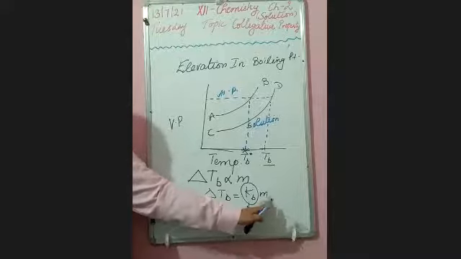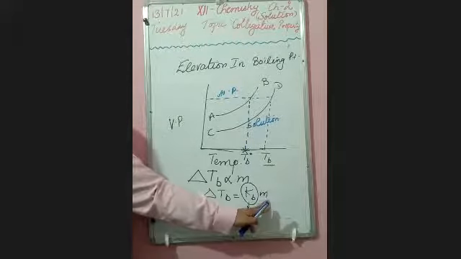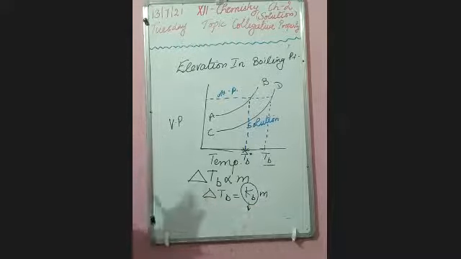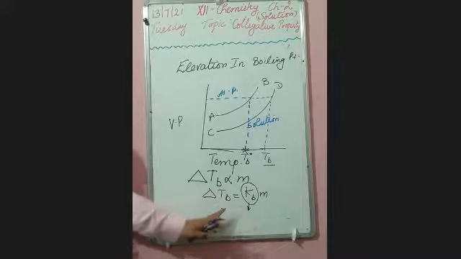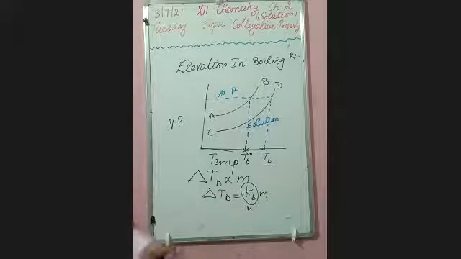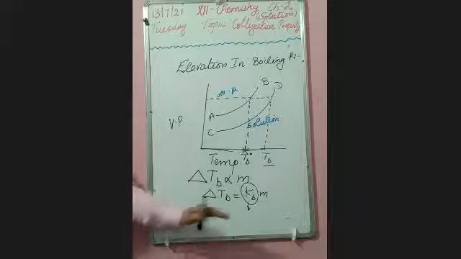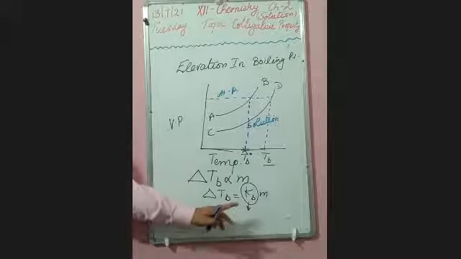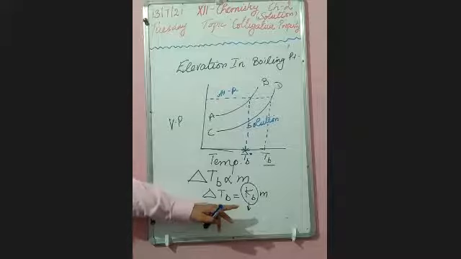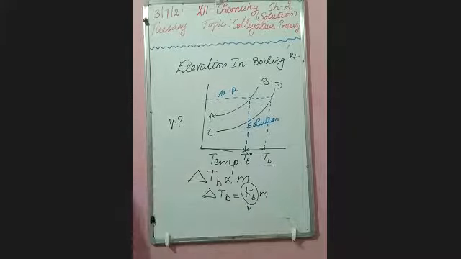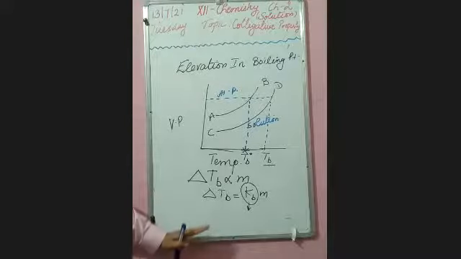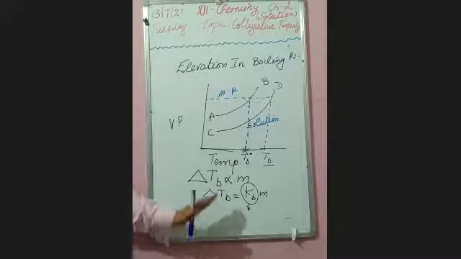When molality of solution is 1, then this molal elevation constant becomes equal to the elevation in boiling point. This is the definition for this ebullioscopic constant. Okay. The unit for this is Kelvin kg per mole.